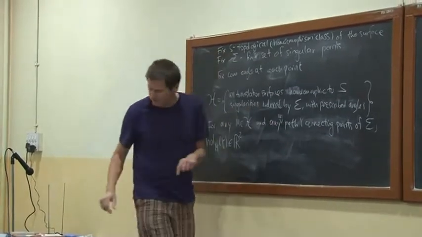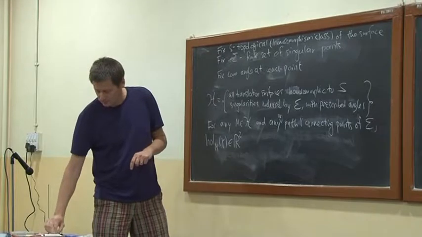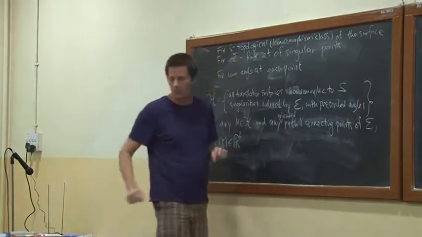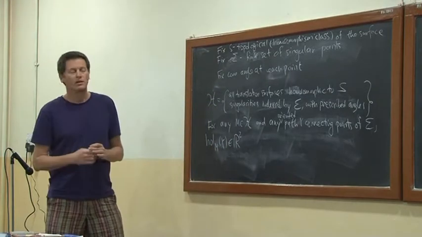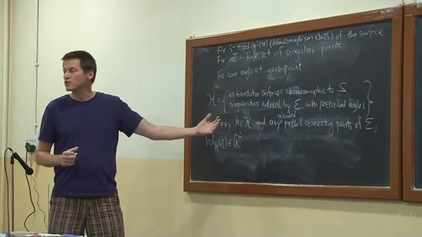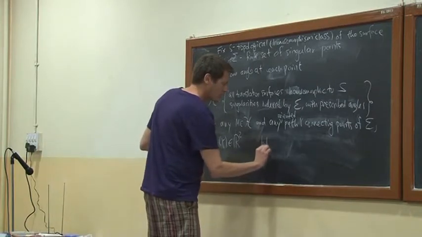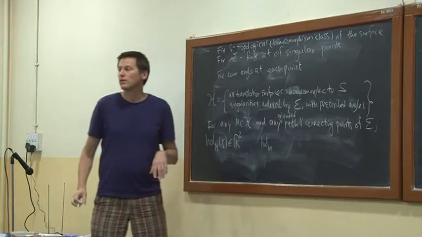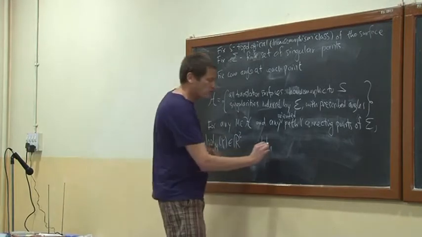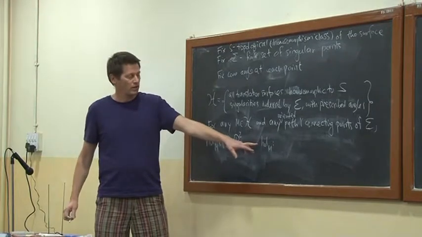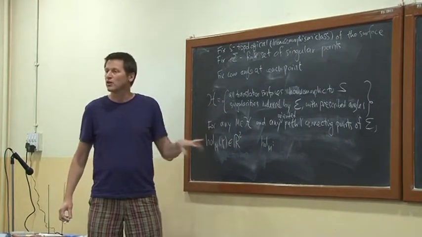Good. And so we get a map from surfaces to the plane, where you can check that this holonomy only depends on the homotopy class of gamma.